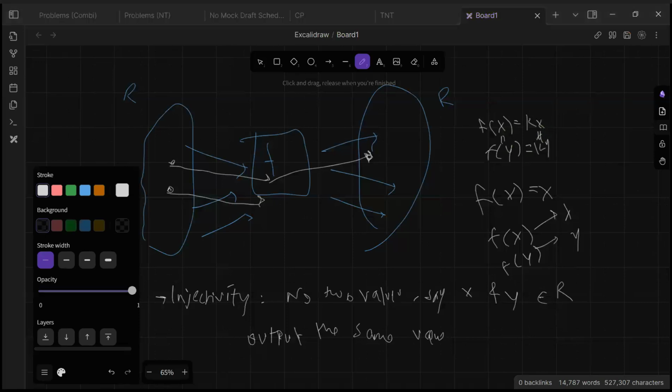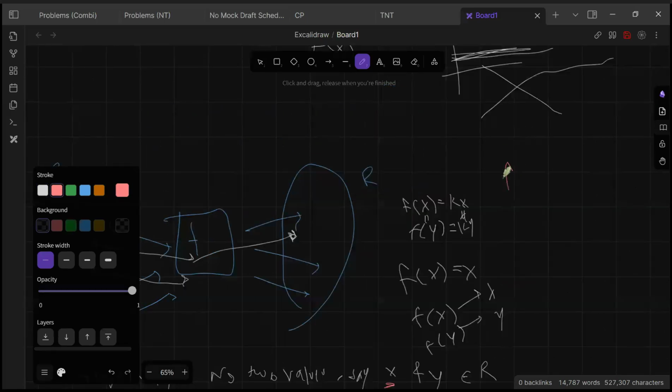Can you repeat the injectivity again? Okay, what I mean by injectivity is that for two different values x and y, the function is not going to send them to the same value. So f(x) is not going to be equal to f(y) for x not equal to y.